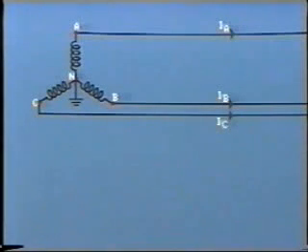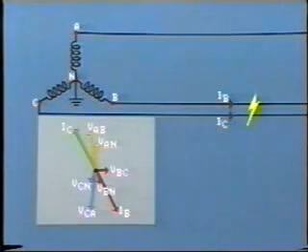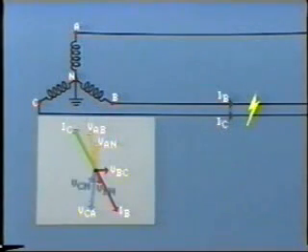In this case, the short circuit is between line B and line C. If you could place a voltmeter between lines B and C, you would find the voltage to be much lower than normal. Similarly, the voltage between line B and ground would be lower, as is line C to ground voltage.